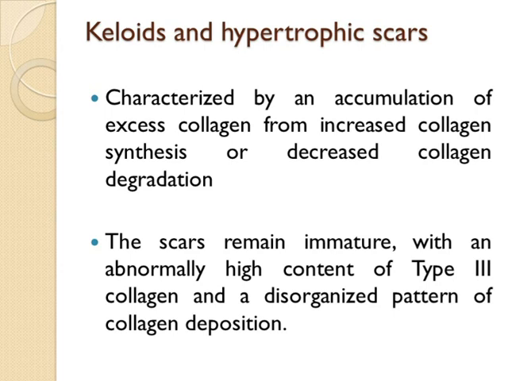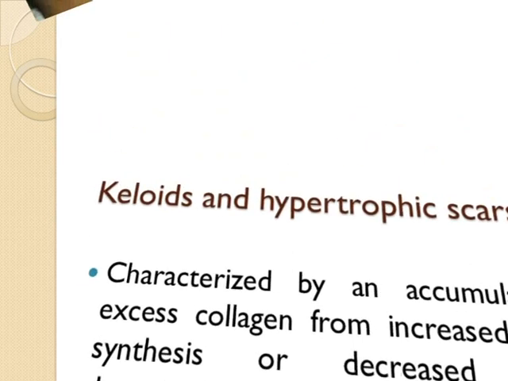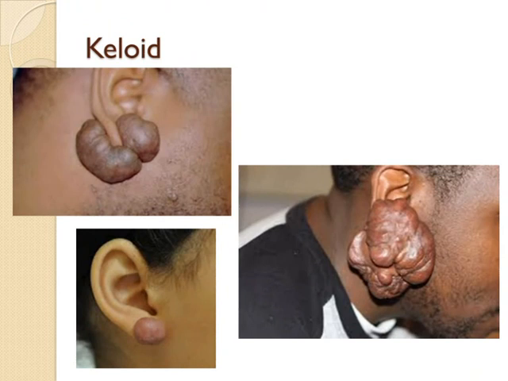The scars still remain immature with abnormally high content of type 3 collagen, and therefore a disorganized pattern of collagen deposition in the wound. Here are some examples of keloids of the ear. You see how it looks like it's beyond the margins of the wound and is growing.